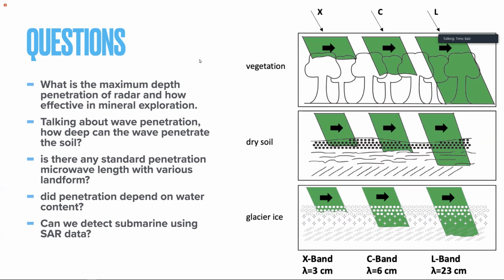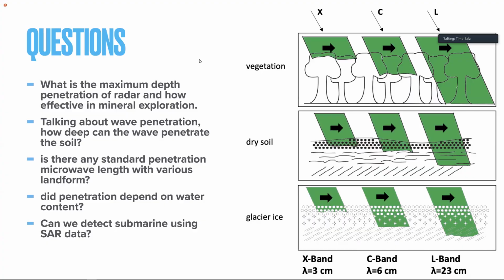Is there any standard penetration for microwave wavelengths with various landforms? No, because the amount that you can penetrate depends very much on the type of soil, the moisture, and the wavelength. So it is very dependent on various factors. Does penetration depend on water content?